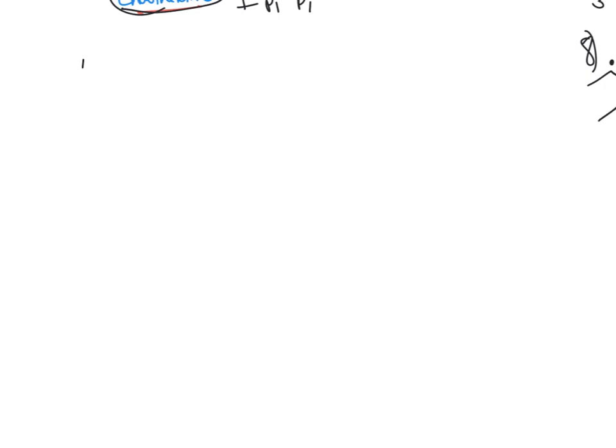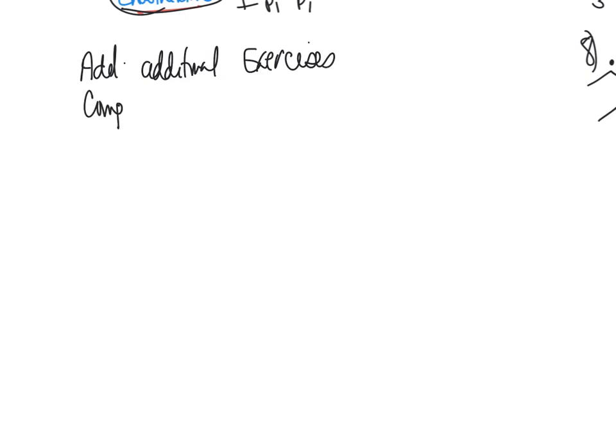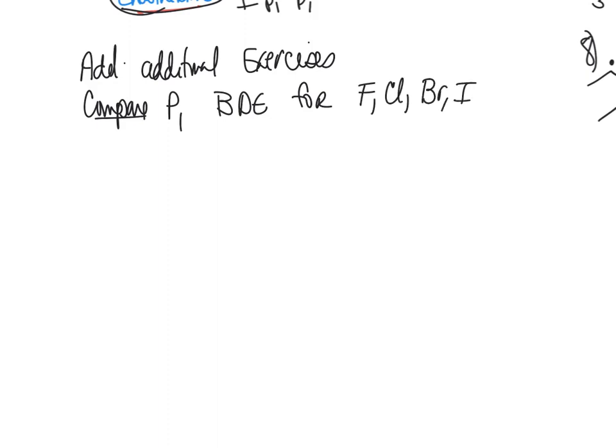I want to add on additional exercises, and I want you to compare, because we would do this in class, the P1 bond dissociation energies for fluorine, chlorine, bromine, and iodine.